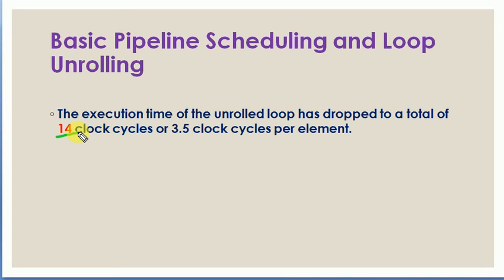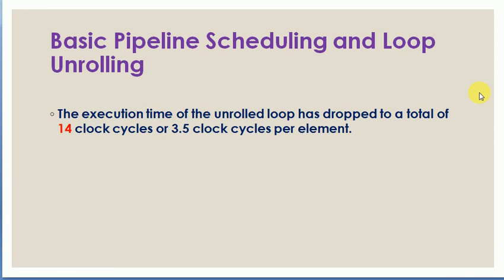And even for reducing that further, for larger loops we can do loop unrolling, and after unrolling the loop, again applying scheduling will reduce the total number of cycles required for completing the entire set of instructions present in a particular loop.